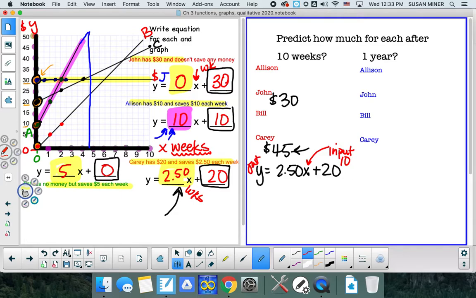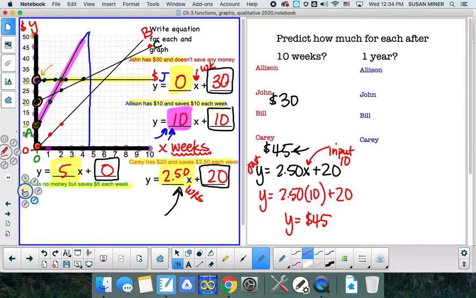Well, let's put a 10 in here and find out. 250 times 10 plus 20. I can calculate it right in my calculator. And if I put it in my calculator, I get y equals $45.